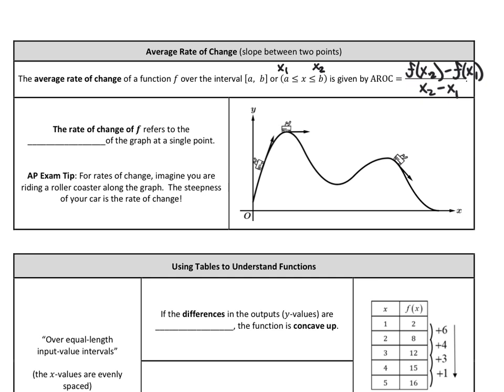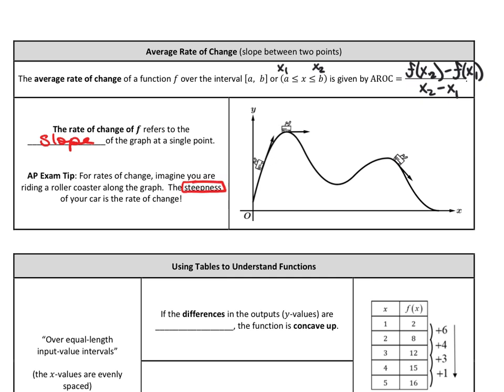So the rate of change here, just like I said, refers to the slope of the graph at a certain point. For rates of change, just like you did in probably Algebra 1, it's helpful to imagine you are riding a roller coaster along the graph. The steepness of your car is the rate of change.